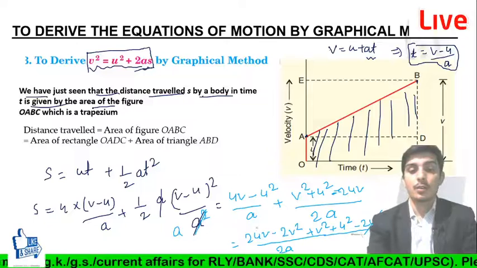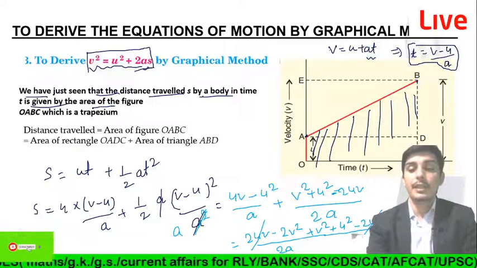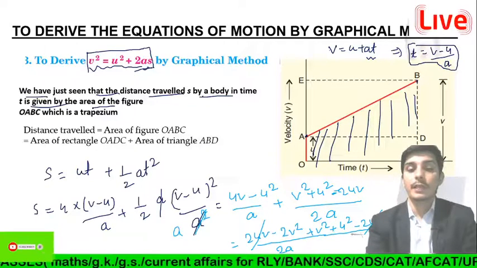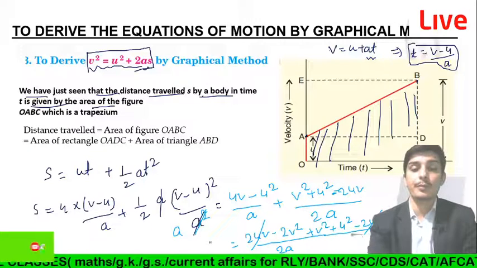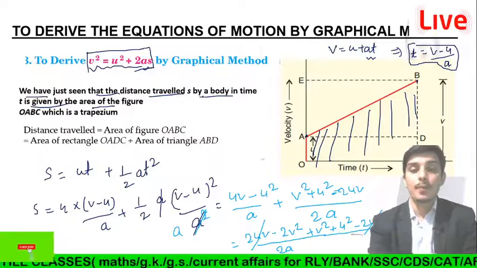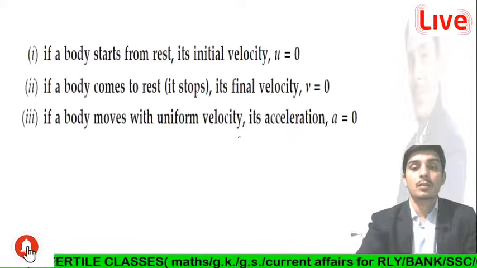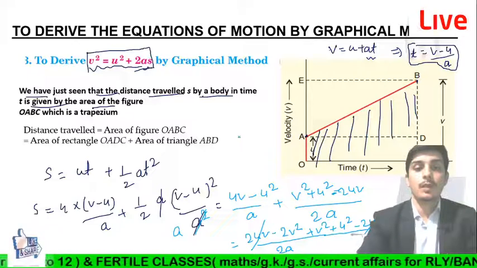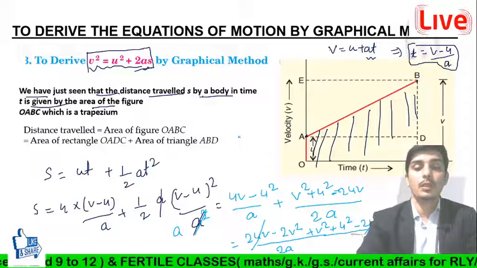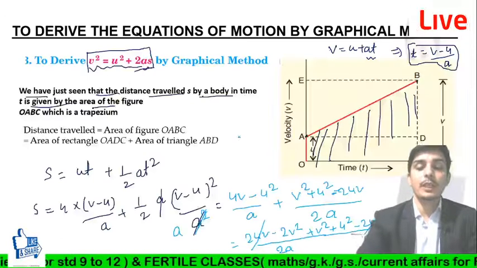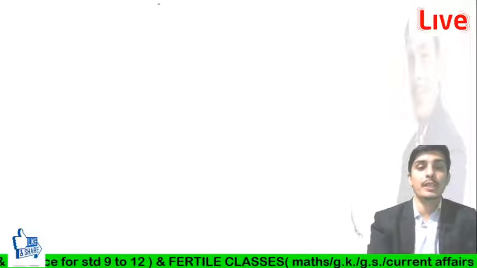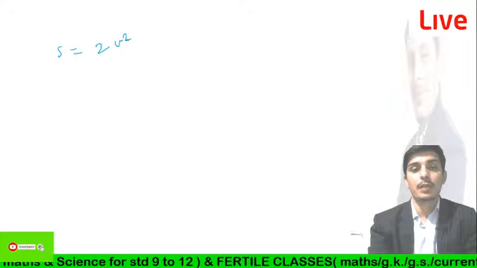Okay, so we can cancel it, and after subtracting we will get the result. Now I am going to solve here. We are having minus 2v square is equal to 2v square.